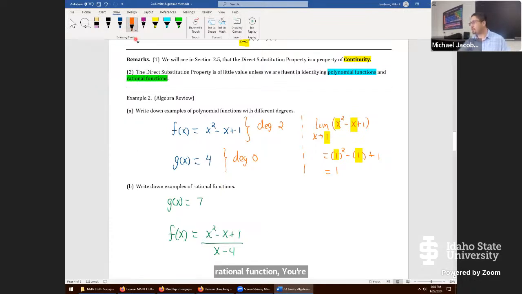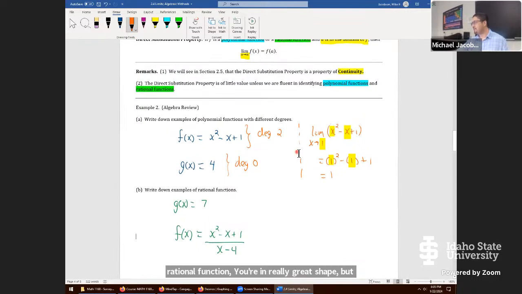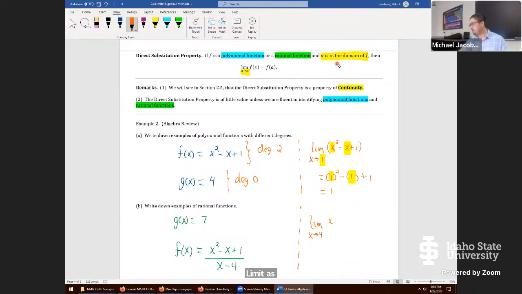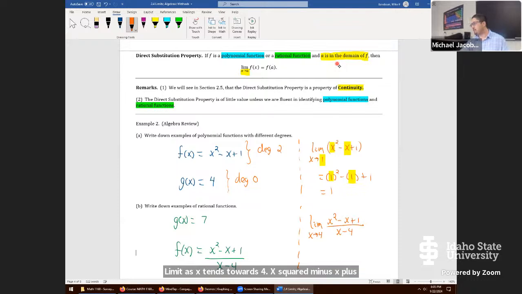But watch out for one part of the statement that is tricky. That part's right here. Let's suppose that we were doing this problem. Limit as x tends towards 4 of x squared minus x plus 1 divided by x minus 4. We have a really weird issue with this one.